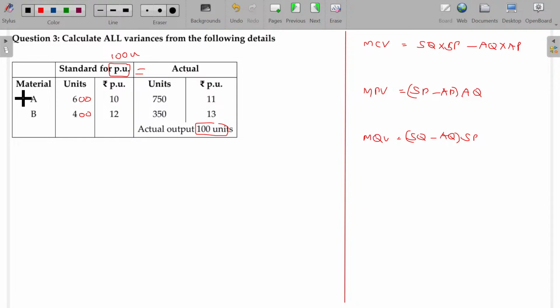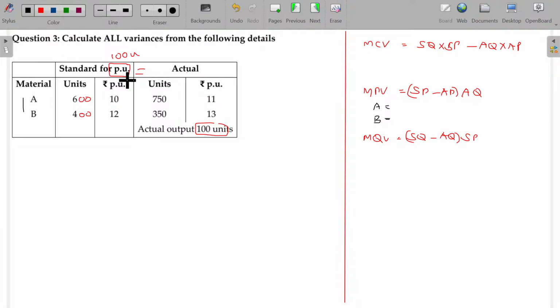As we have two items, you have to calculate for the two items independently. For product A as well as for product B, you have to calculate separately. I just made a change here. As the standard information is for a unit, and the actual output is for 100 units, you cannot directly compare. So I converted the standard input to the standard input for actual output.